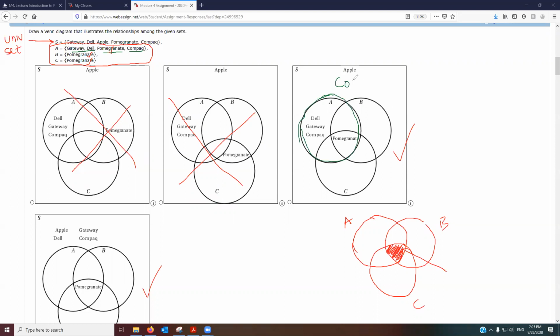So that tells me this must be the correct answer. This one is wrong because they're taking gateway and putting it outside of circle A, but that's incorrect. Gateway has to be inside circle A, right? Just the way Dell, pomegranate, and compact are. So I know this answer here is the only choice that reflects the sets they gave me here.